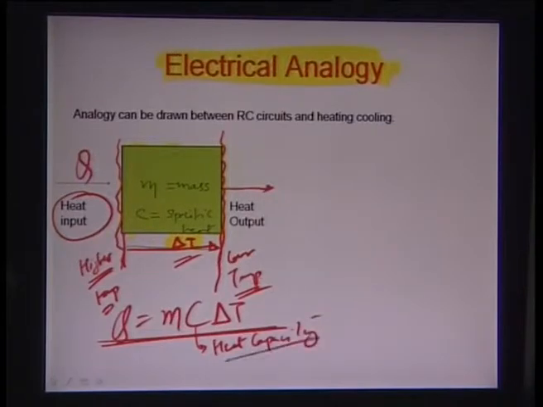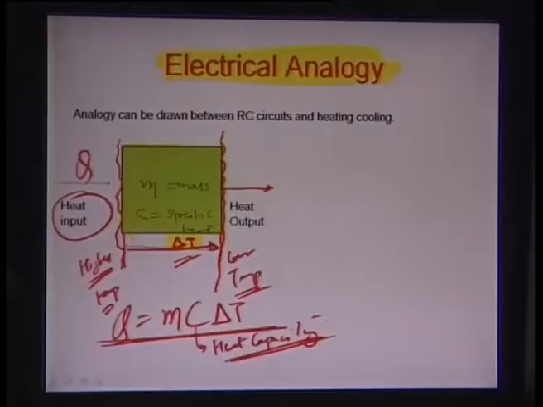So essentially this is the ability to store heat, the capacity of a material, or the ability of the material to store heat. An equivalent in the electric circuit is capacitance, but there it is the capacity or the ability of a system to store charge instead of heat.